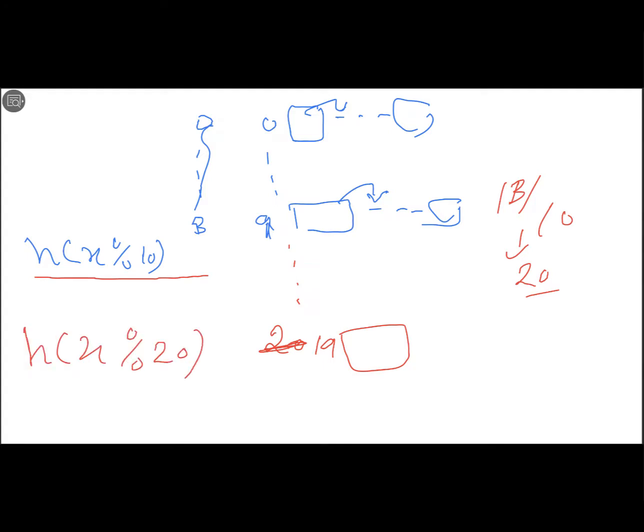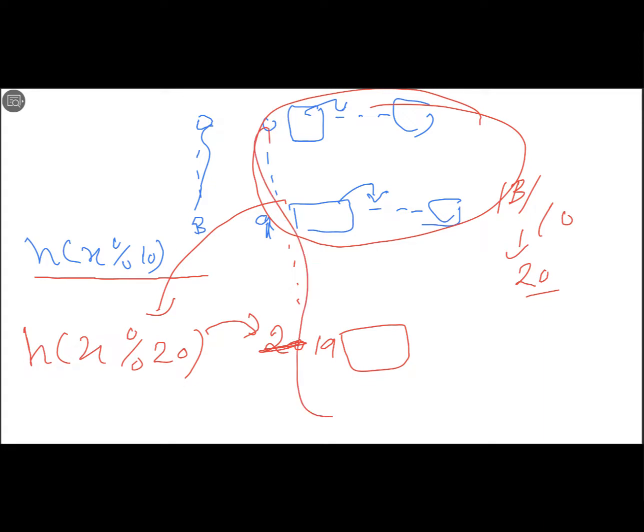So I need to take all this input again and rehash it into the new buckets from 0 to 19. The data is going to be placed differently, and it makes sense. For example, at the beginning, 10 mod 10 gives me 0. But using the new size, 10 mod 20 is going to be hashed to bucket 10.